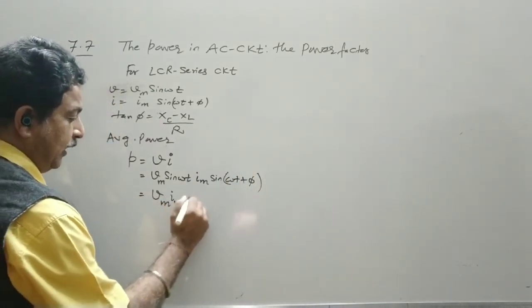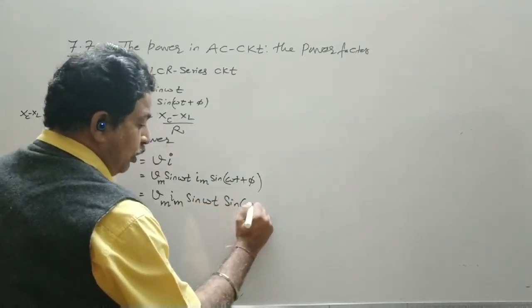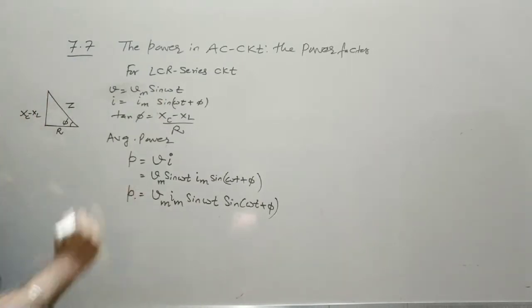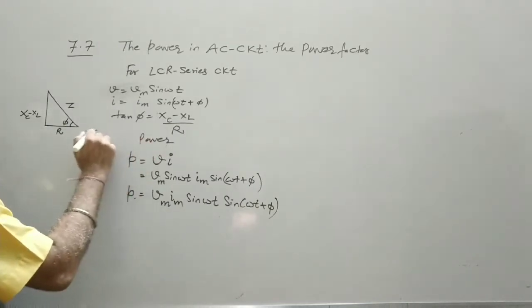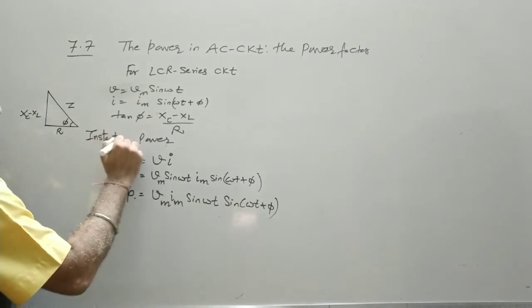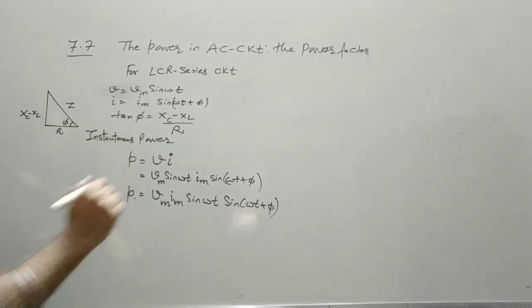So Vm Im sine of omega t sine of omega t plus phi. Sorry, this is the instantaneous power. That is a time dependent function. We will find out the average.